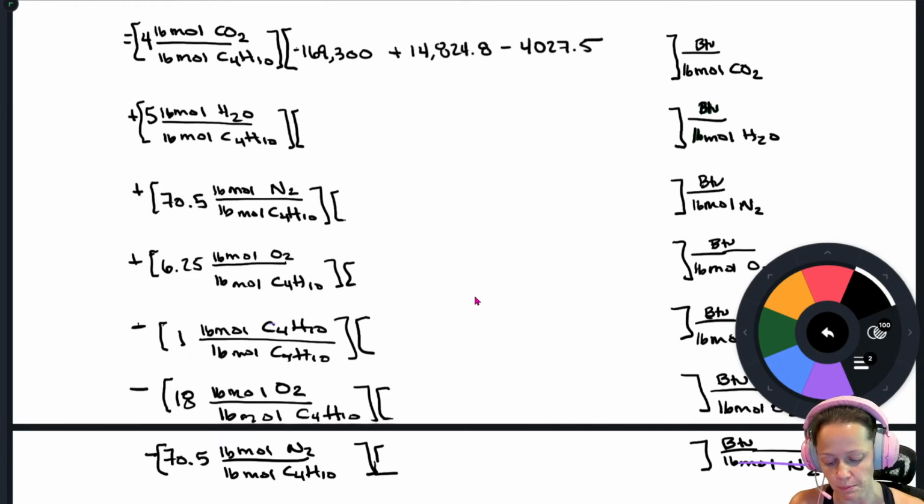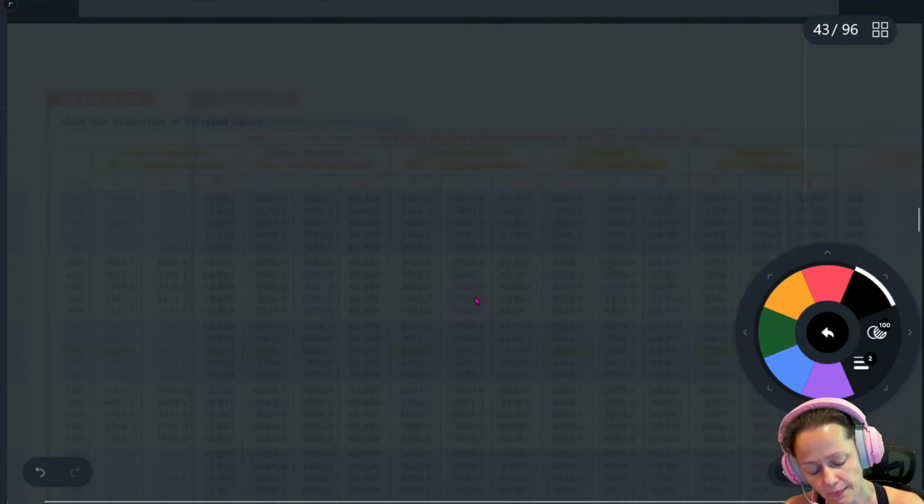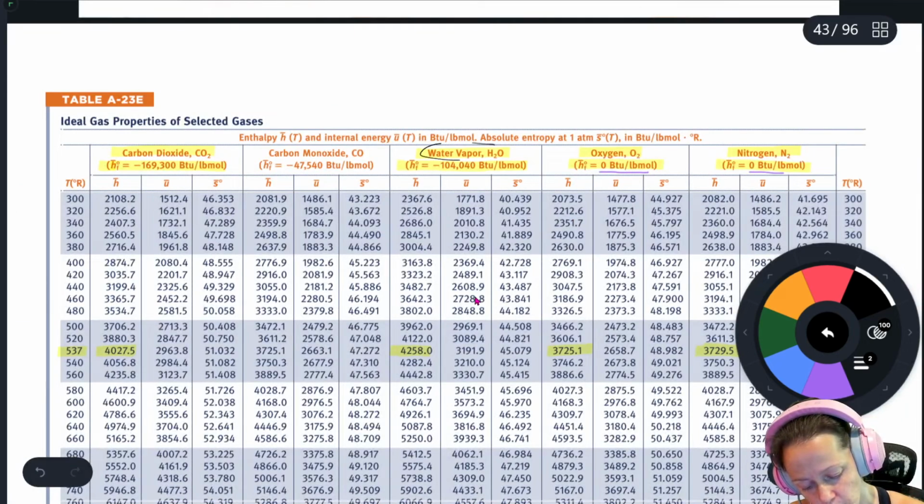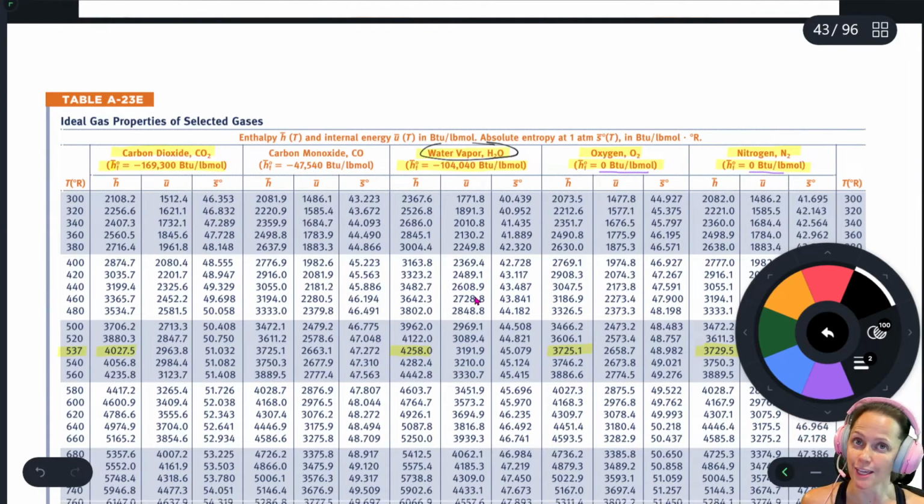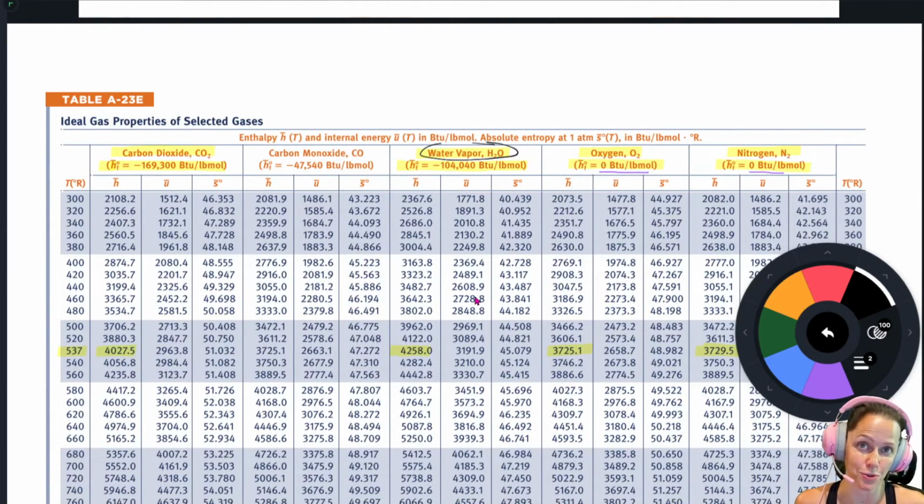So the enthalpy of formation, and you'll notice that it is for water vapor. It's not surprising that it exists as a gas, because that's the sort of thing you need to figure out: does it exist as a vapor? Well, it's coming out at over 1,000 degrees Fahrenheit, so absolutely it's a vapor.